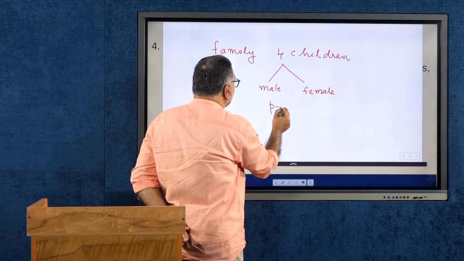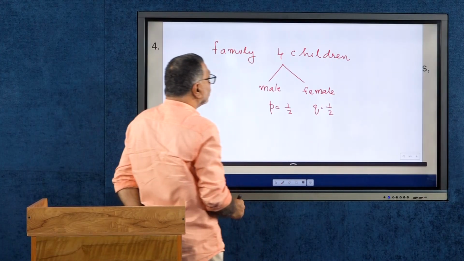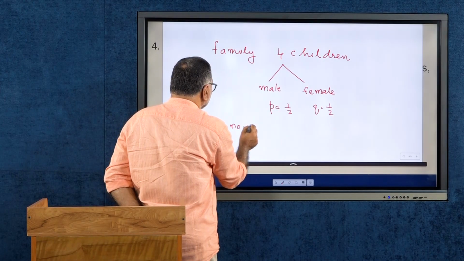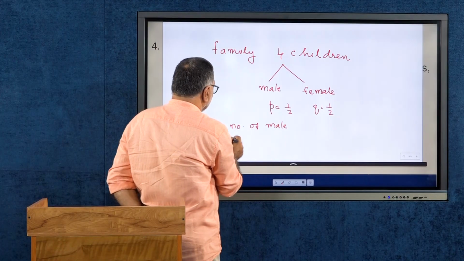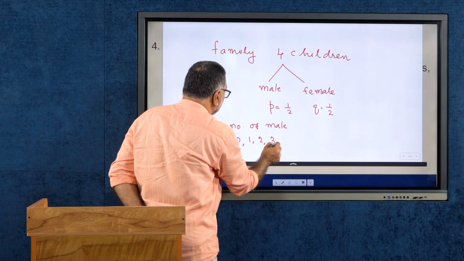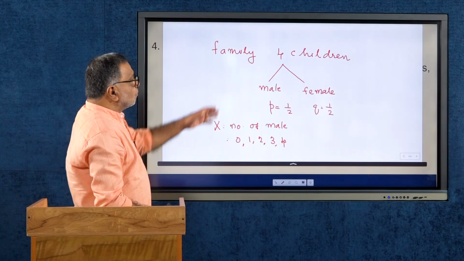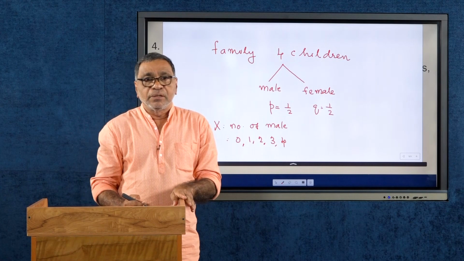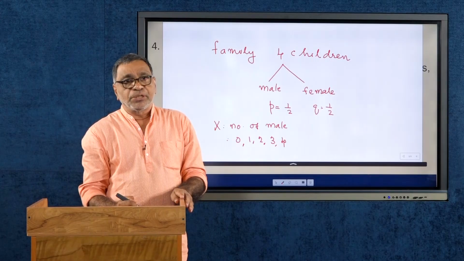Let it be equally likely, that is p is 1 by 2, and so q is also 1 by 2. And suppose X is the number of boys, or number of male children. So that means it may be 0, 1, 2, 3, 4. So for a 4 children family, X is the number of male children, and it may take values 0, 1, 2, 3, 4, and p is equal to 1 by 2.